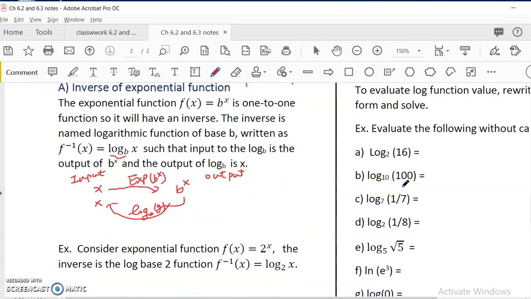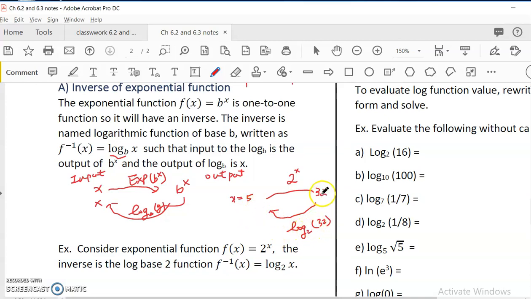An example: I have the exponential function 2 to the x. If x equals 5, I get 2 to the 5, which is 32. Then I have the log function, log base 2. If I put 32 in here, my answer is 5.